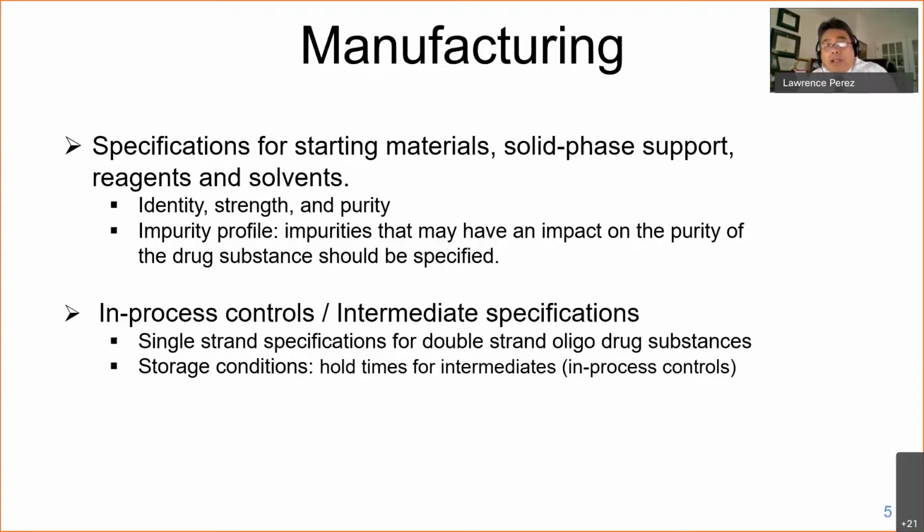For these double-stranded, it is much easier to confirm the nucleotide sequence not at the final drug substance stage, but earlier when the single strands are manufactured. And while this is permissible under the guidances that we use to regulate oligos, we do ask that the manufacturers justify that the test results they're going to use for the in-process control data as part of the drug substance do not change from the in-process stage to the final drug substance.